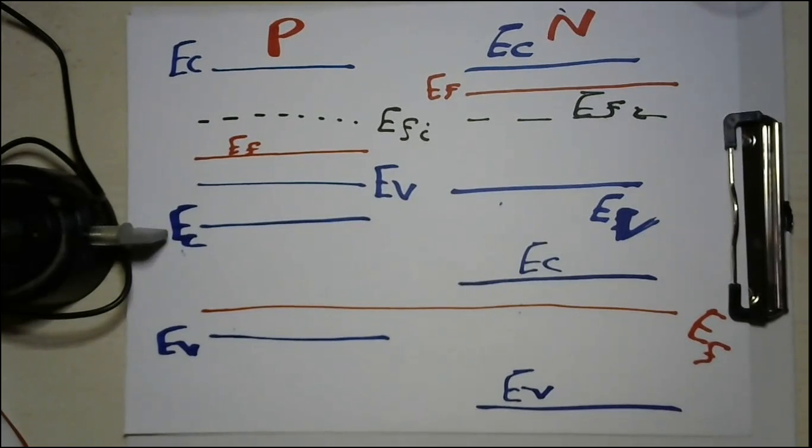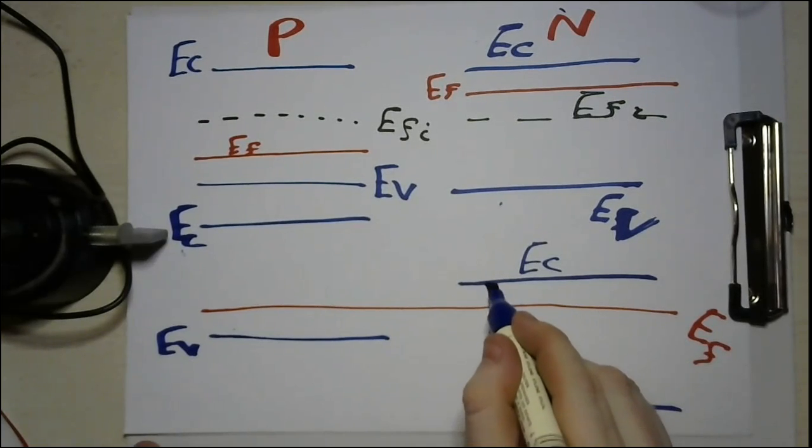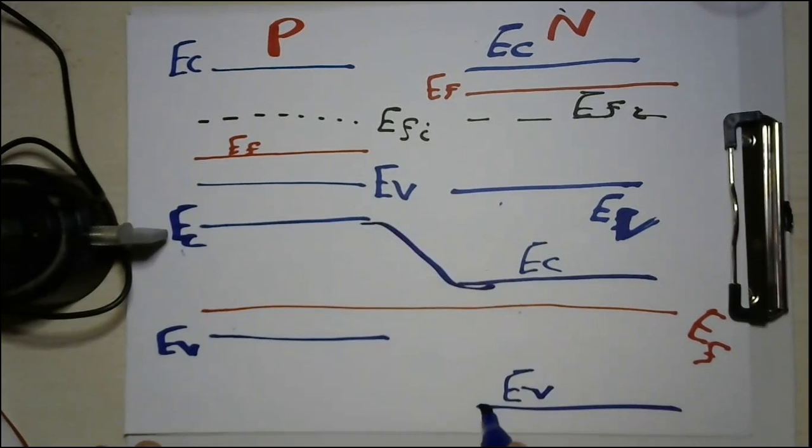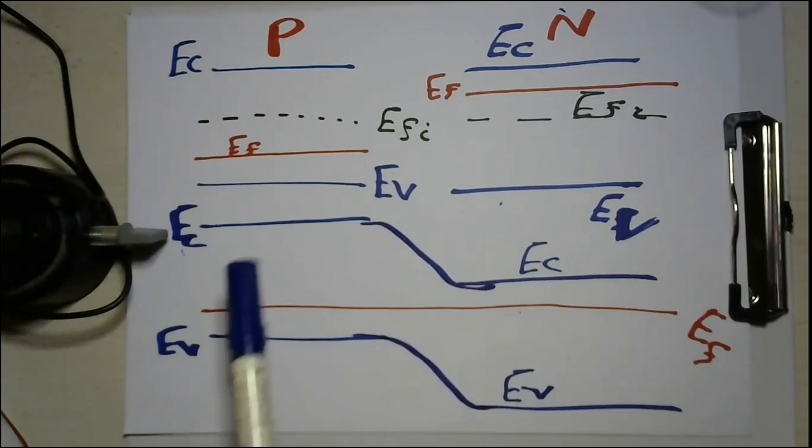What's happening in between? You are going to link these two structures together to form the junction. Now you have the energy band diagram for a p-n junction. But we have a lot to say about this energy band diagram.